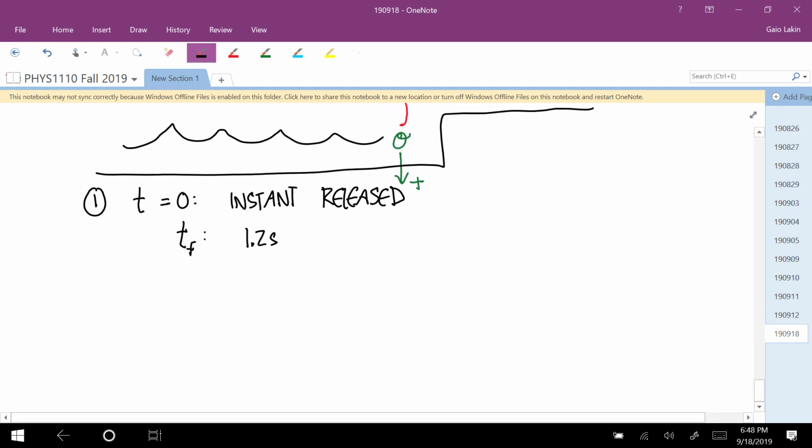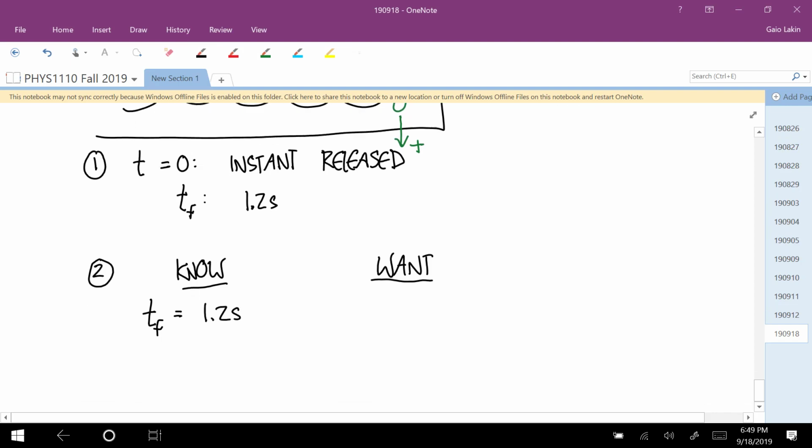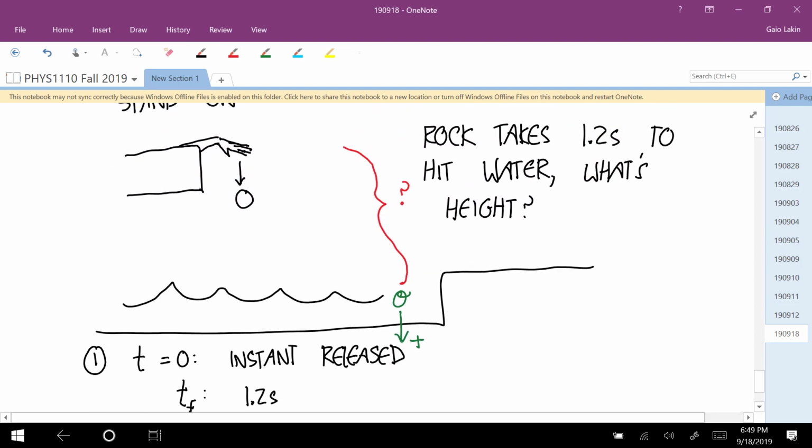So now we can start to think about what variables we know and what variables we want. So time final, do we know that? So time final is 1.2 seconds. Do we know acceleration? Okay, and the sign of that is going to depend on our choice of positive direction.